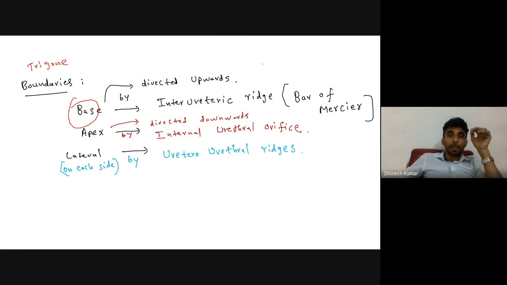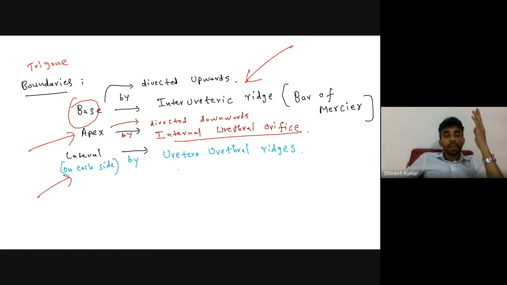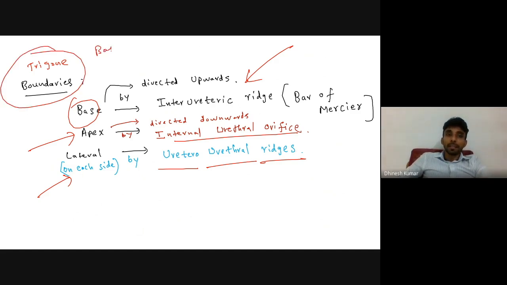Okay. Base is formed by interureteric ridge. Apex is formed by internal urethral orifice. Lateral boundaries will be uretero-urethral ridges. Fine. So boundaries of trigone you are clear. Base, apex, and lateral boundaries. These are the three boundaries of trigone.